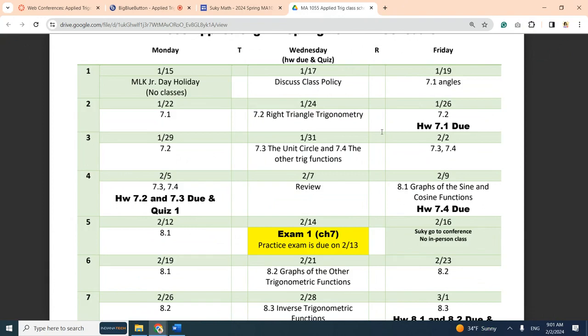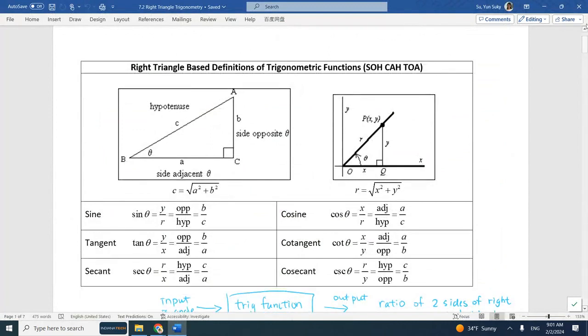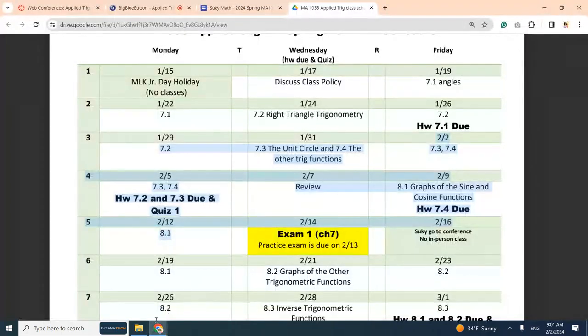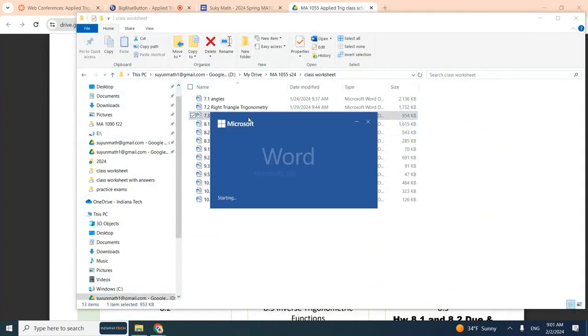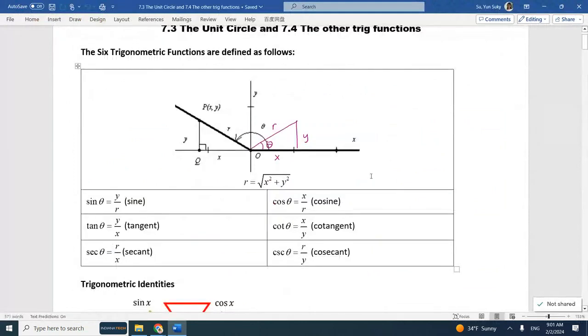Okay, so let's continue on section 7.2 and 7. Oh, we finished 7.2, right? We were working on 7.3. So last time we talked about the XY plane, right? Now the angle could be in quadrant 1, 2, 3, 4, and then our X and Y could be positive or negative.